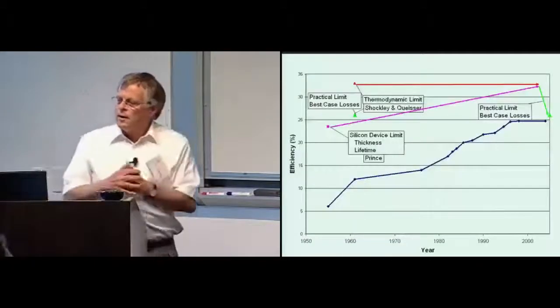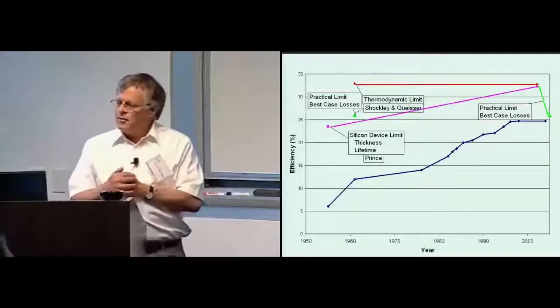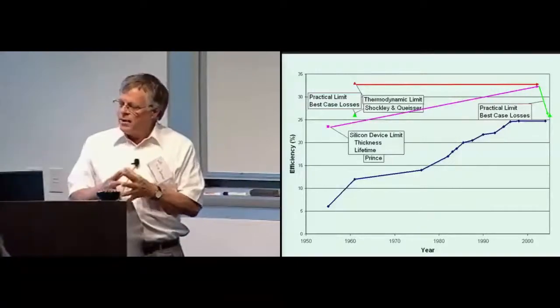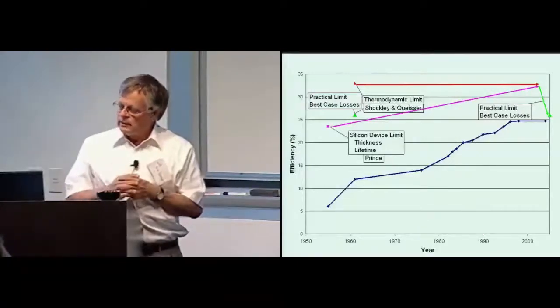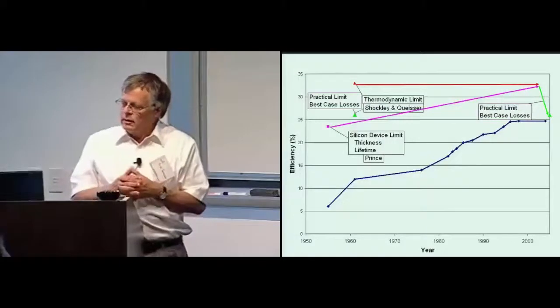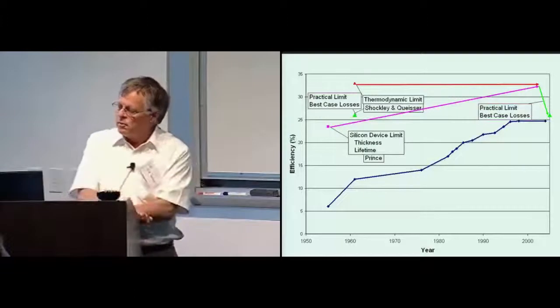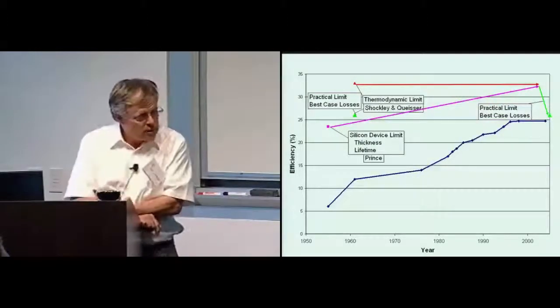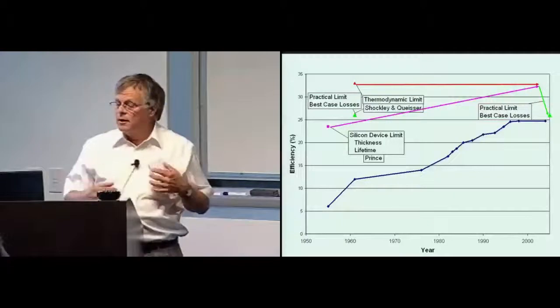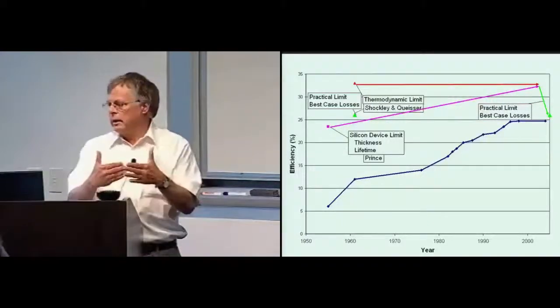So basically, if we go back to the chart I had before, and you had this silicon device limit of about 24% and Shockley-Queisser's thermodynamic approach of 33%, the question is kind of how do they merge together?